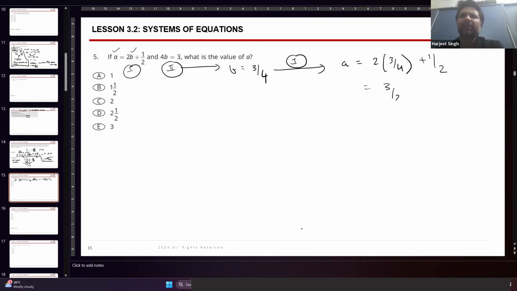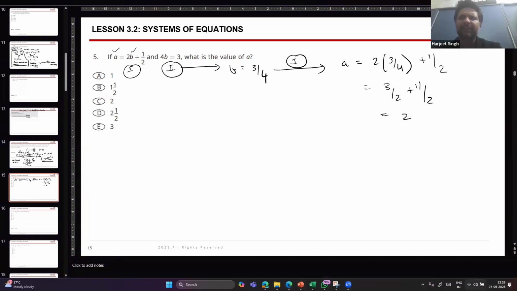So this is 3 by 2 plus half, which is 2. So this was easy because the second equation already had only one variable, so easy problem to solve.